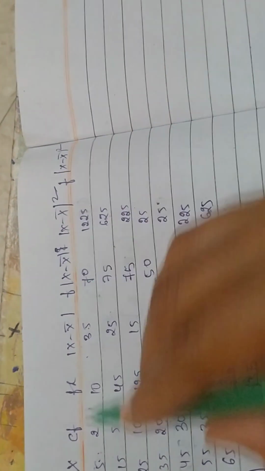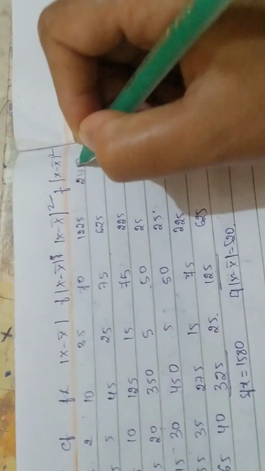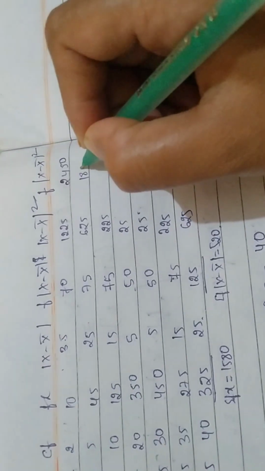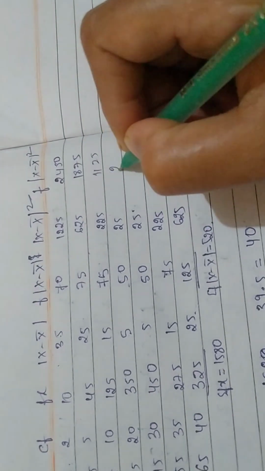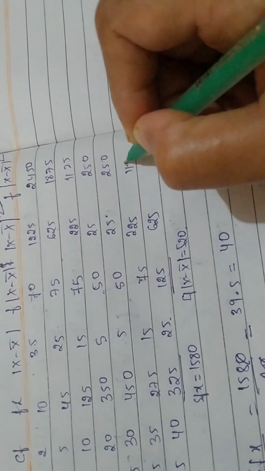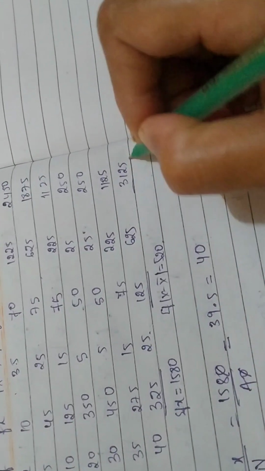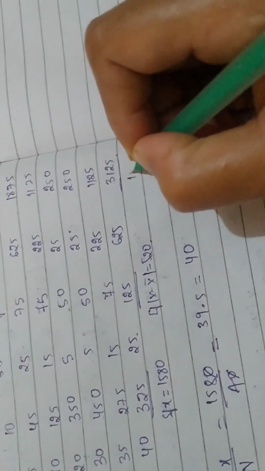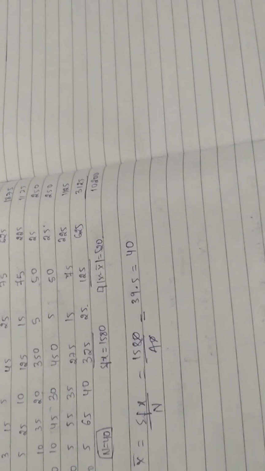After multiplication we'll get values like 2450, 1875, 1125, 250, 250, 1125, 3125. So we'll get around 10200.